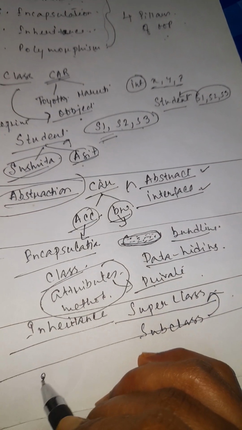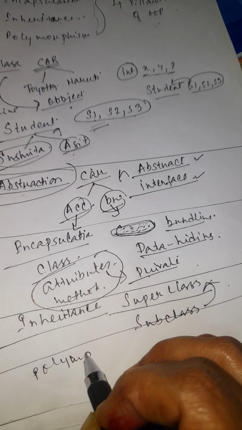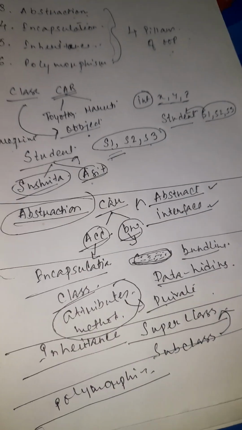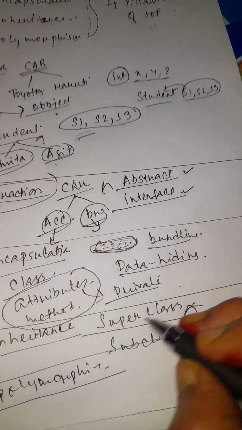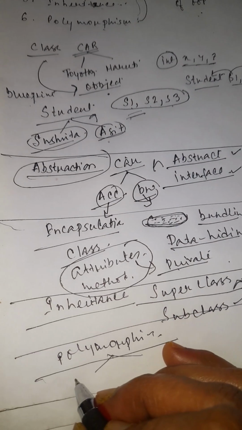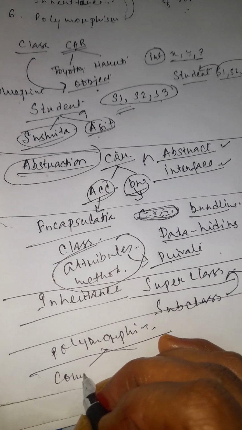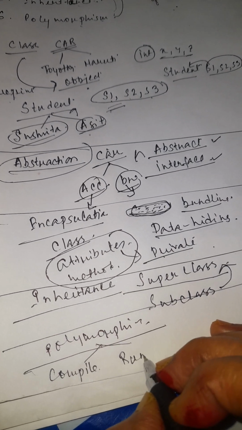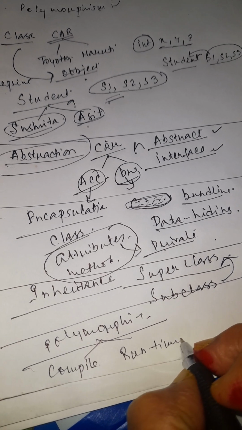And the last part is known as polymorphism. What is polymorphism? Poly means multiple. There are two types of polymorphism. One is compile time polymorphism, and another one is runtime polymorphism. Clear?